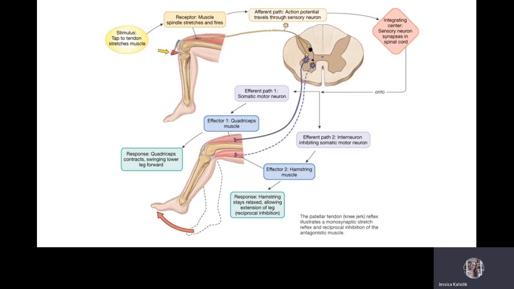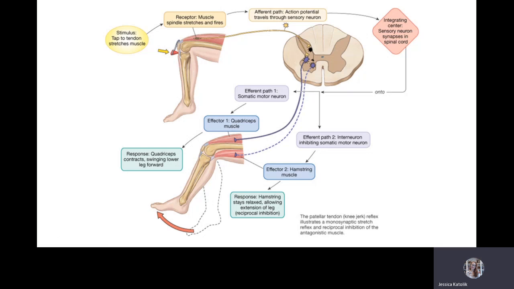So this particular area is showing a really good example of three different things: a monosynaptic reflex, a polysynaptic reflex, and divergent circuit located here. Okay.